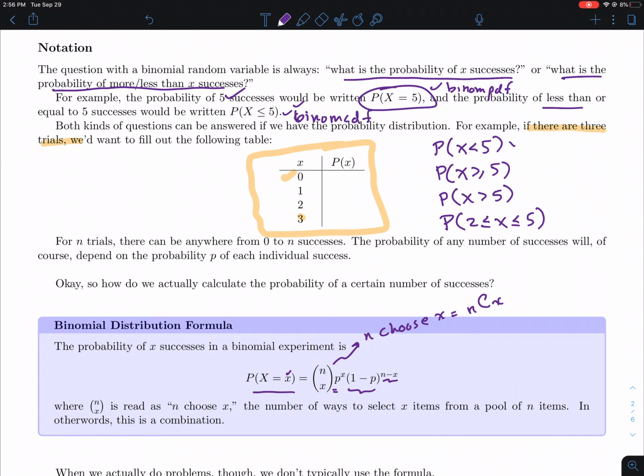But unfortunately, we've got four other inequalities that could occur. So what we end up having to do, and I'll show you in a little bit, is get creative using binomial CDF to answer these other questions. Let me leave that for now, and we'll come back to it when we get to that example. But keep that in mind.